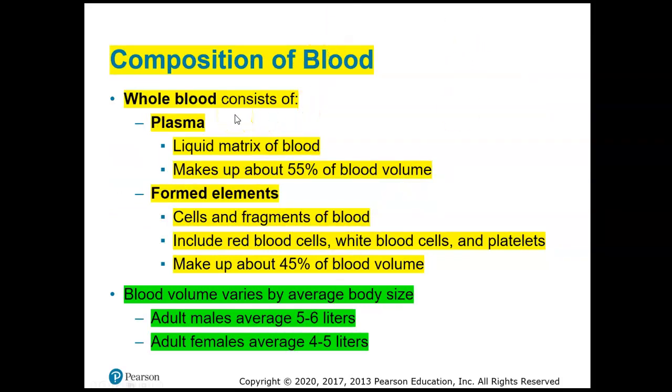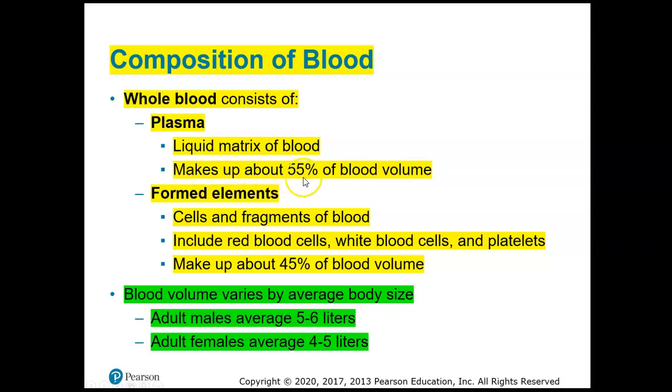All right, so the composition of blood, whole blood consists of plasma and formed elements. The plasma portion of the blood is the liquid matrix, because blood is a connective tissue, so it has a matrix. And the ground substance is a liquid or a fluid.